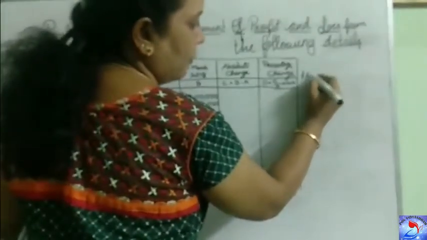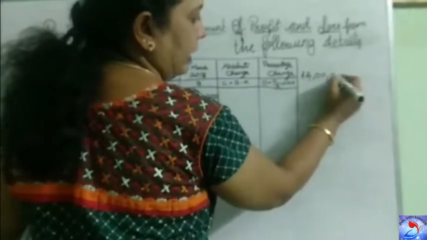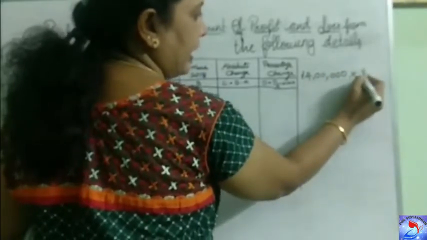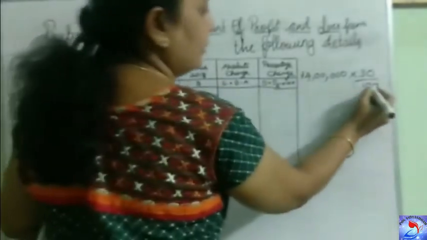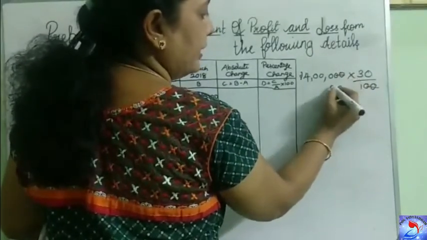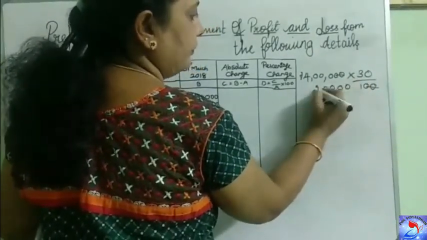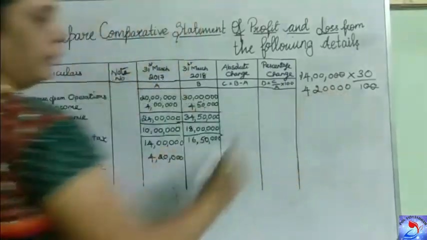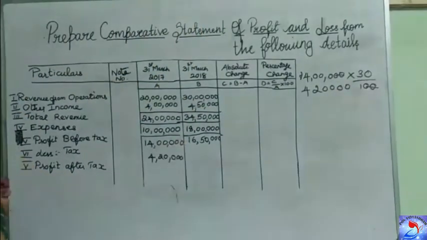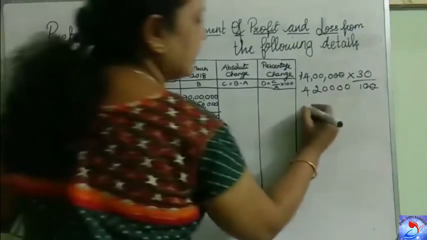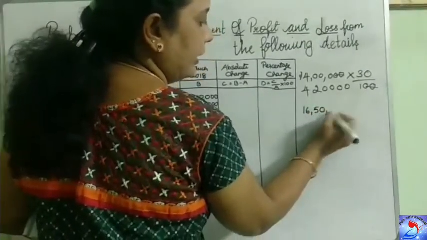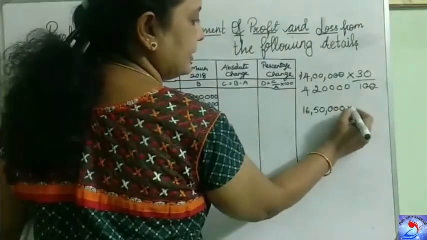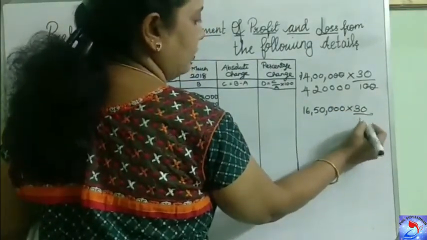That is 14 lakh into 30 by 100. So from profit before tax, you will be getting 4 lakh 20,000. For March 2018, it is 16 lakh 50,000 into 30% as the tax amount.